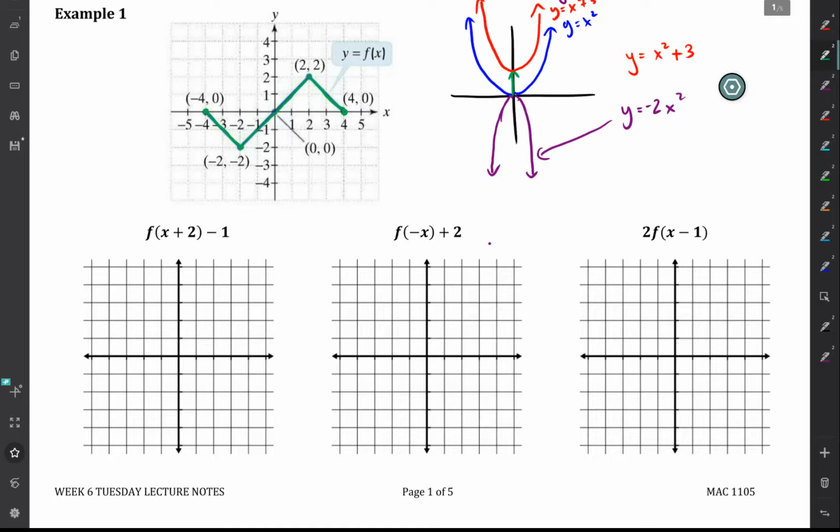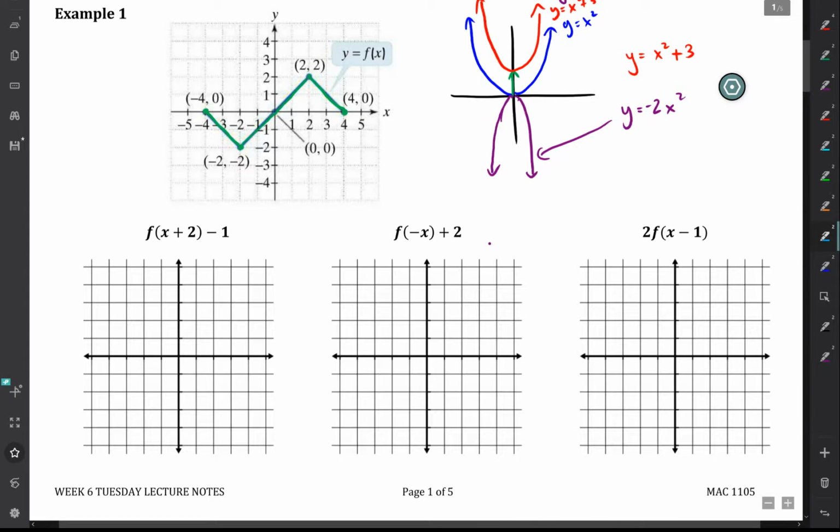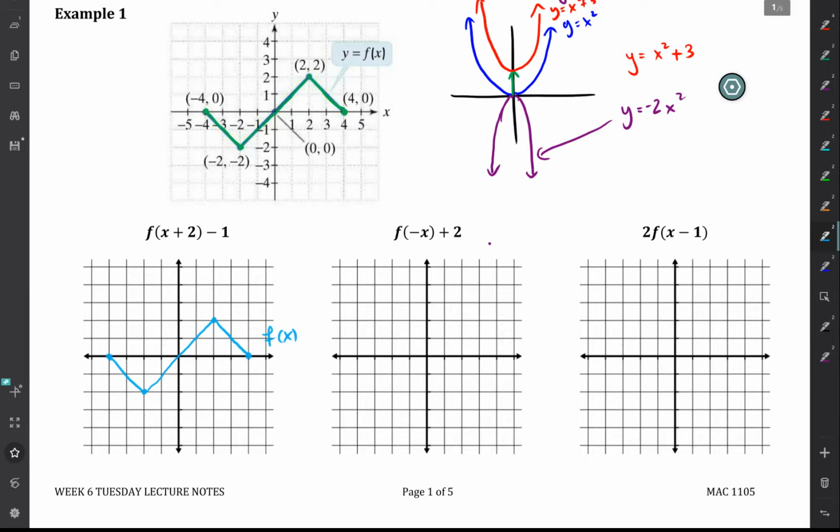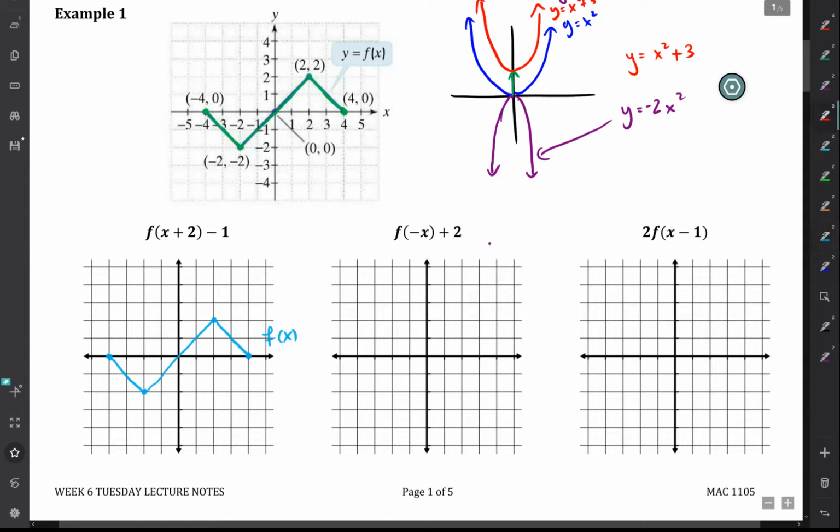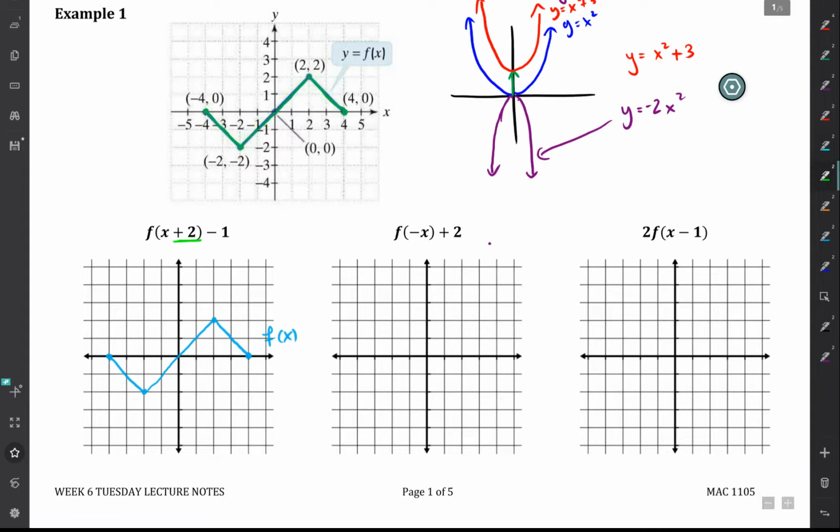So in this first case, I'm going to draw the original graph in light blue. So this is the original f of x. And then I'm going to try and show you each step of what you need to do. Because we have a plus 2 here, that means we want to shift to the left 2, because you want to go in the opposite direction of whatever the sign is.